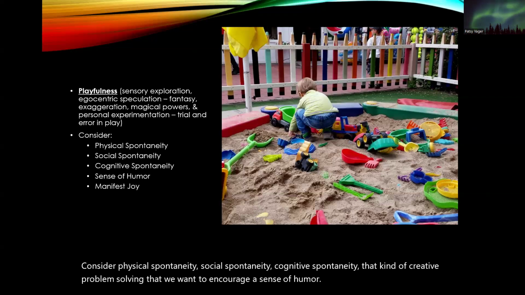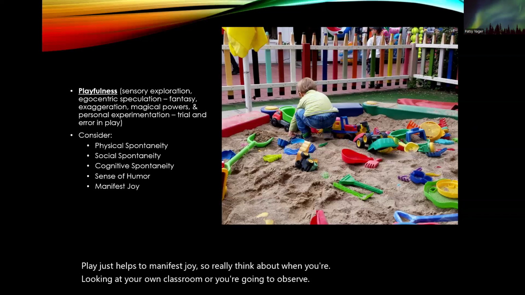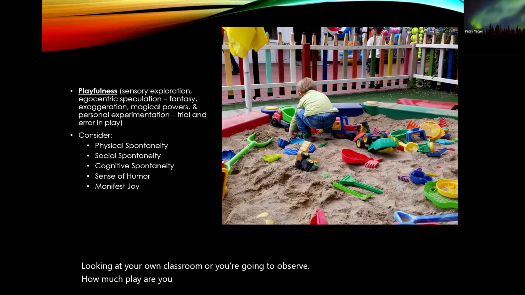Play just helps to manifest joy. So really think about when you're looking at your own classroom or you're going to observe, how much play are you actually seeing? How much time do children really have to just enjoy play?